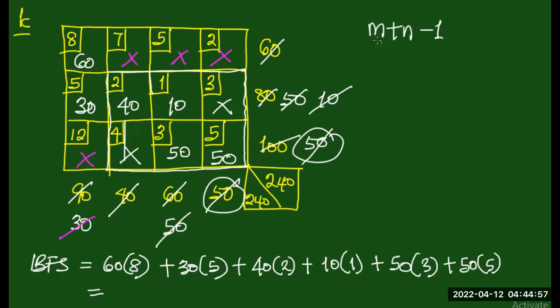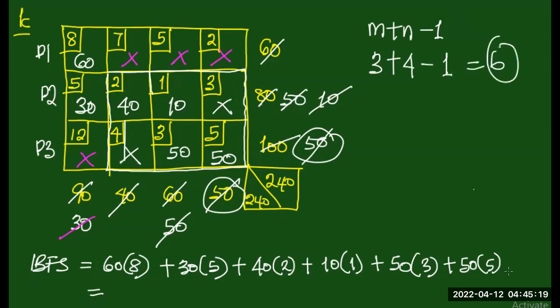What is m? M is the number of rows. How many rows do you have? 1, 2, 3 rows. That is row 1, 2, and 3. So m is 3 plus n. How many columns do you have? 1, 2, 3, 4. 4 columns minus 1. This is equal to 6. You must get 6. If it's not 6, it means you're wrong. So you have 1, 2, 3, 4, 5, 6. So please multiply and let's see what you get for this one.